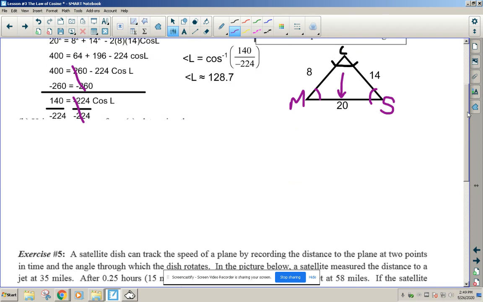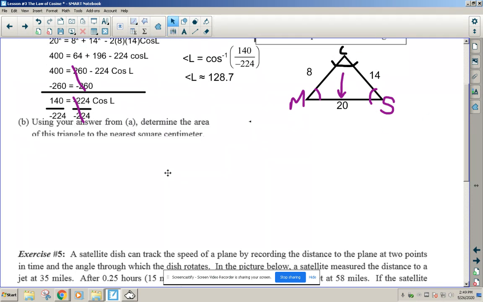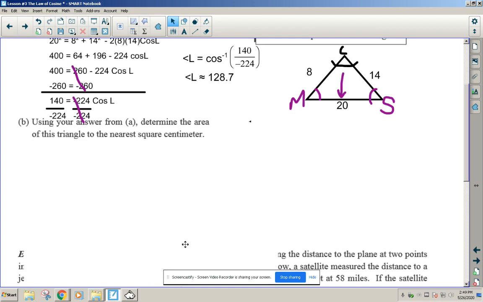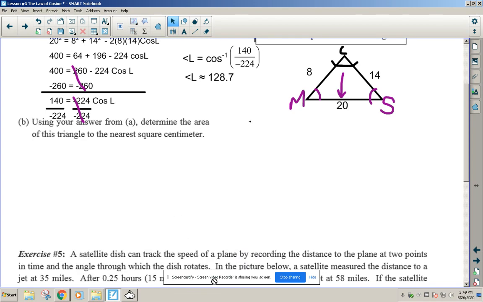Now, part B on this problem says, well, using your angle, so using this 128.7 degree angle, find the area of this triangle. Well, that goes back to lesson 1. That's our area formula, which is, let's see, what happened to my work?